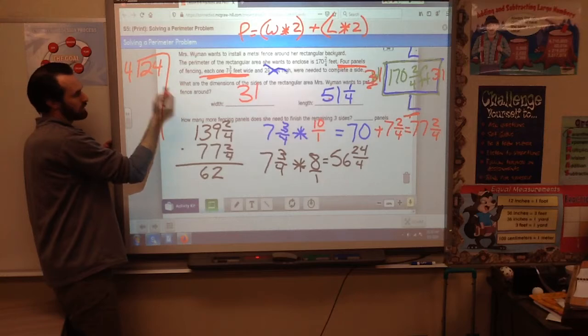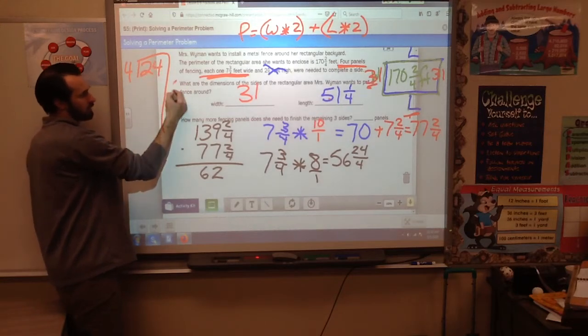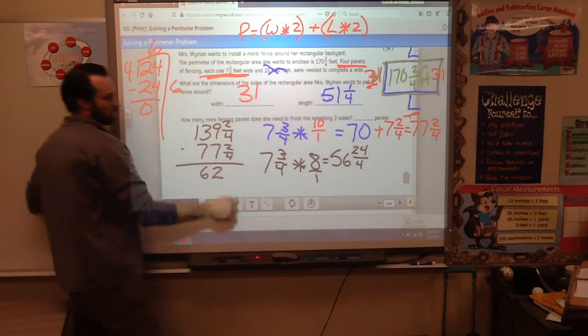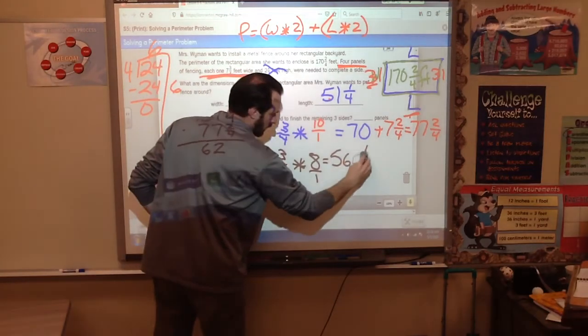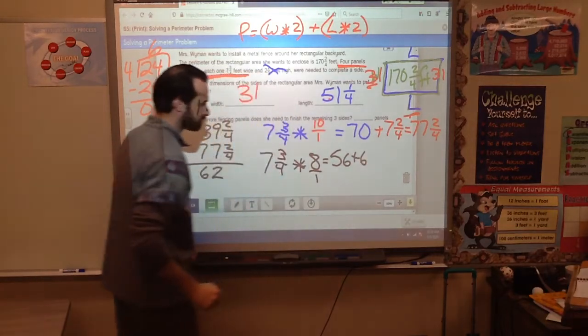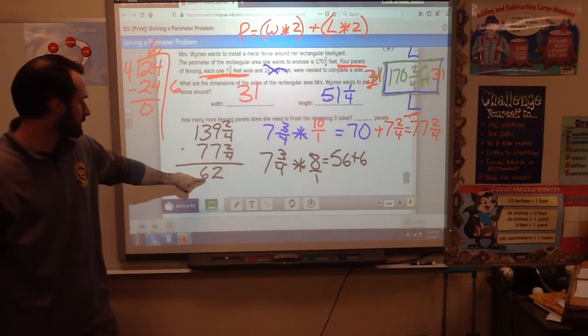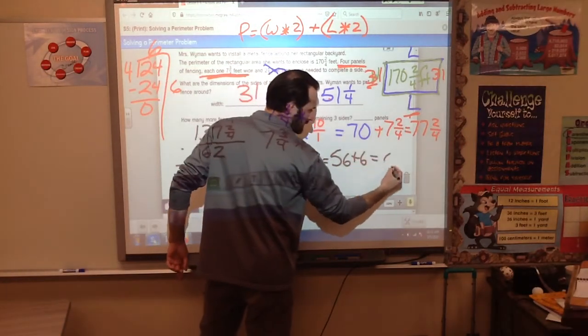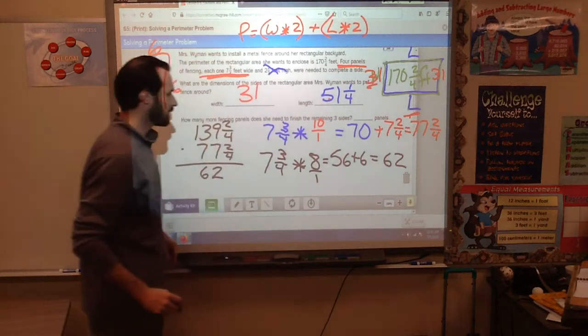What times 4 is 24? And it's 6. So I could write 24/4 as plus 6. And take a look at this. We needed to get 62. 56 plus 6 is 62.